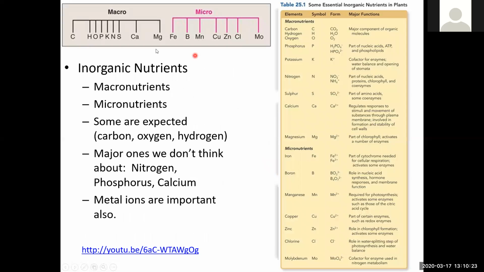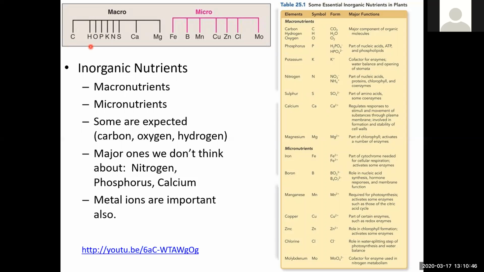Now, because of soil requirements, we have a whole list of macro and micronutrients for plants. And some of these are just measured in the amount that the plants need them, such as carbon, hydrogen, oxygen.